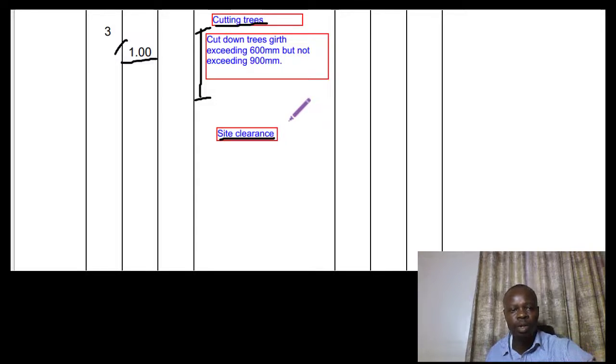Just try to be as orderly as possible. You underline site clearance, and then in site clearance there are a few calculations that you will need to do before arriving at the quantities.